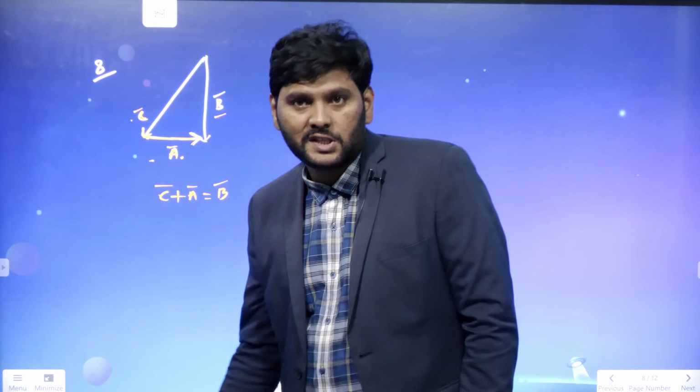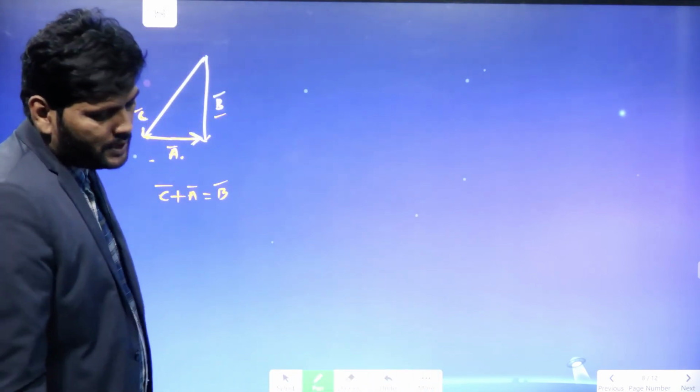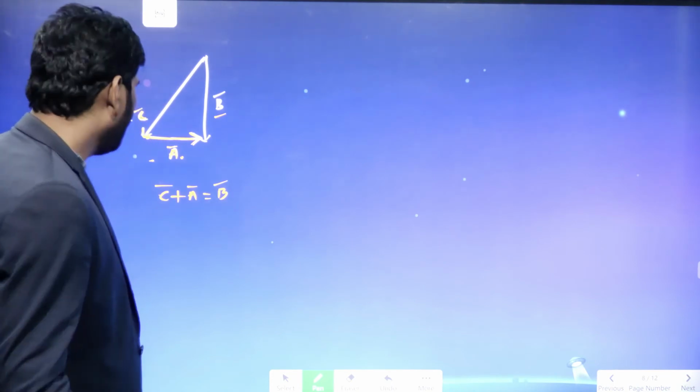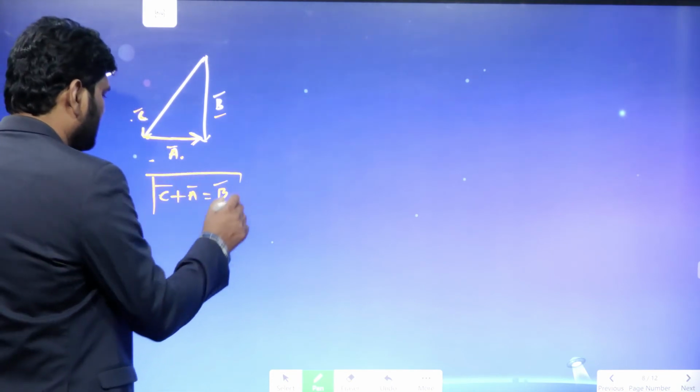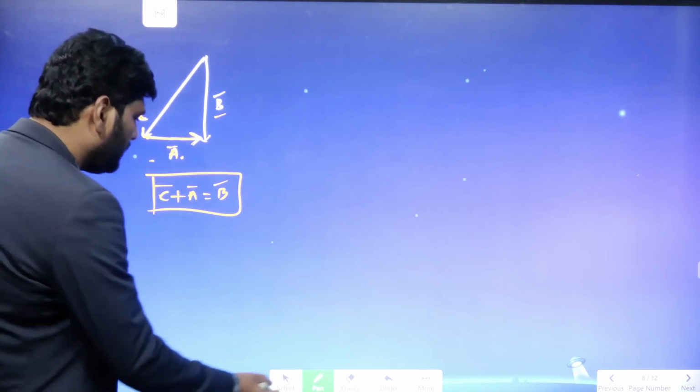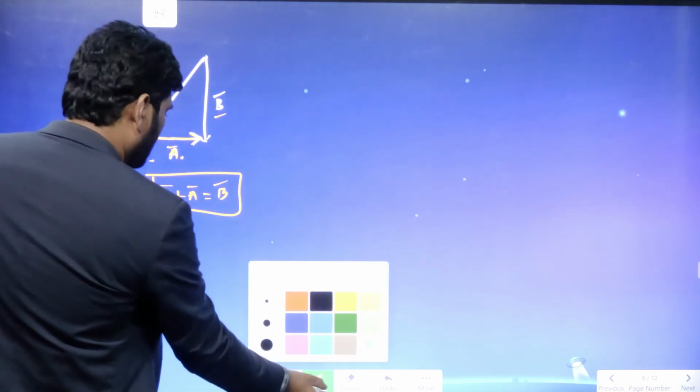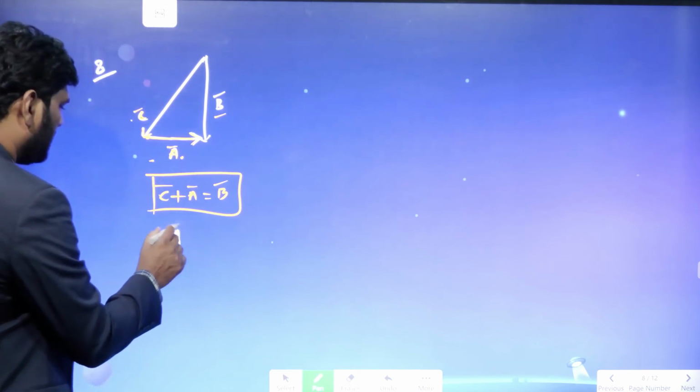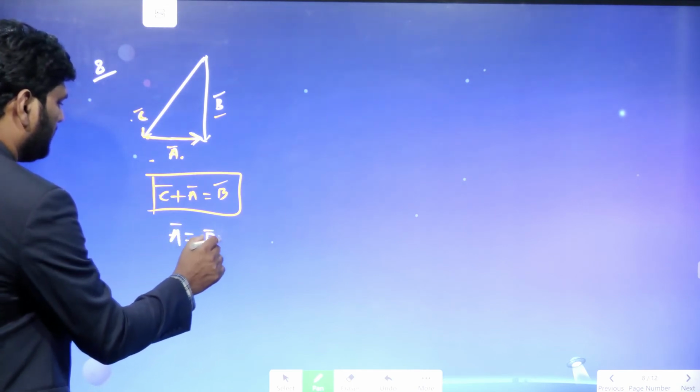Now you can rearrange this form. I think directly you have the relation. The relation is the third option. Even you can write this relation in another way: A bar is equal to B bar minus C bar.